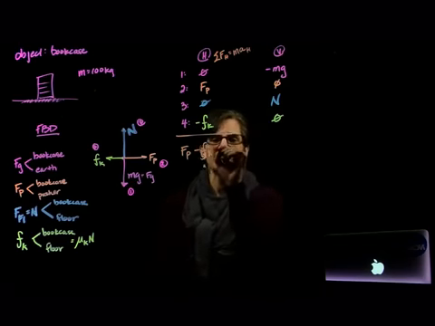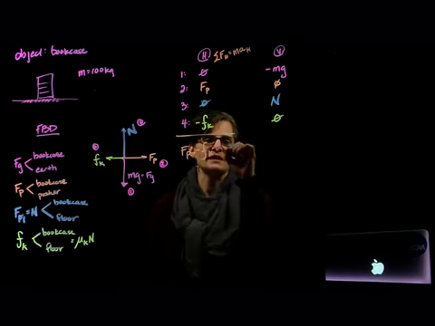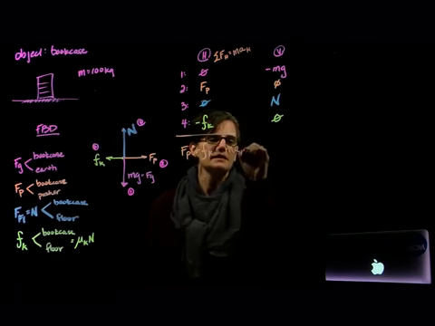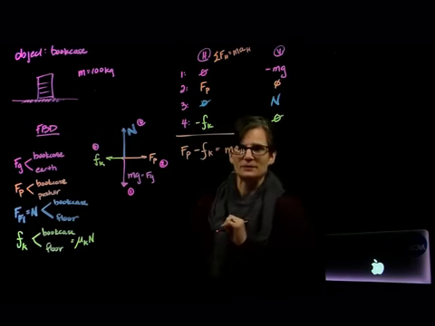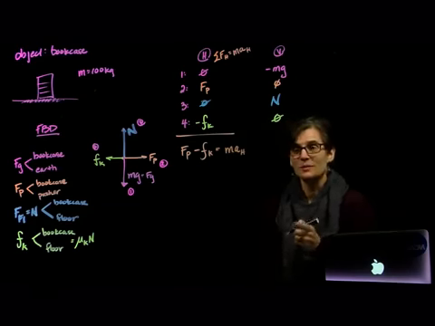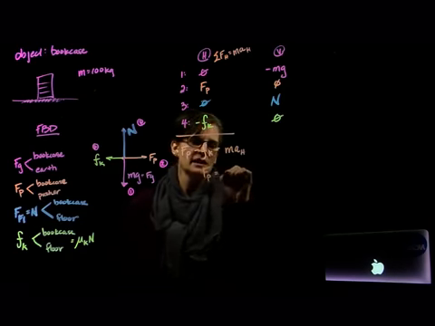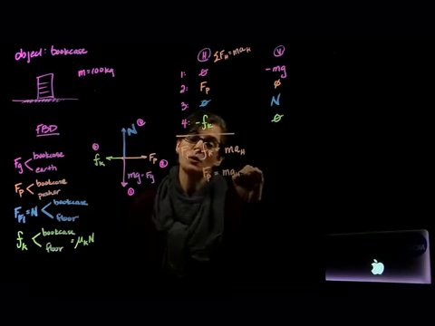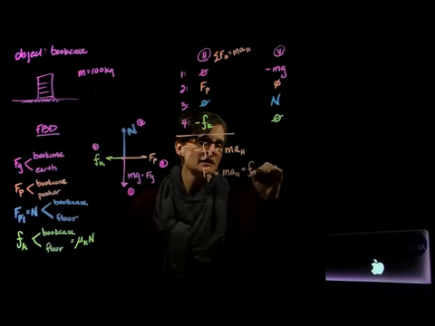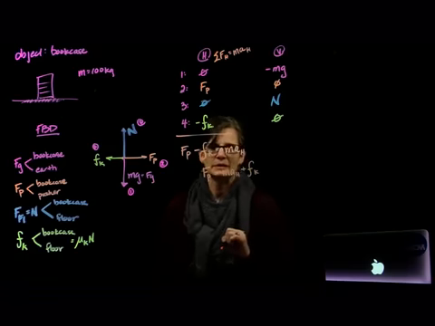So the sum of these two forces has to equal the mass times the acceleration in the horizontal direction. I'm interested in the force of the push, so I'm going to solve for it. That's equal to the mass times the acceleration horizontally plus the force of kinetic friction.